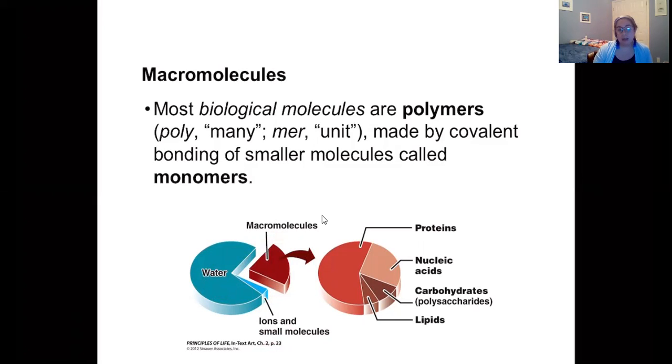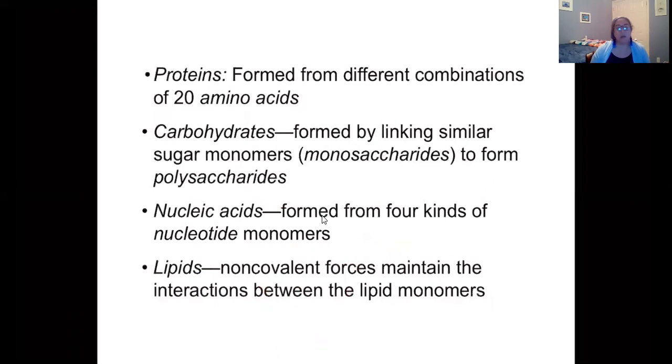And when you take the macromolecules and break that down into the individual types, you'll see that proteins make up a large portion of those macromolecule groups. Nucleic acids make up next, then the carbohydrates, and then finally a small portion that make up the lipids. So you had the macromolecules that you learned from your vocabulary.